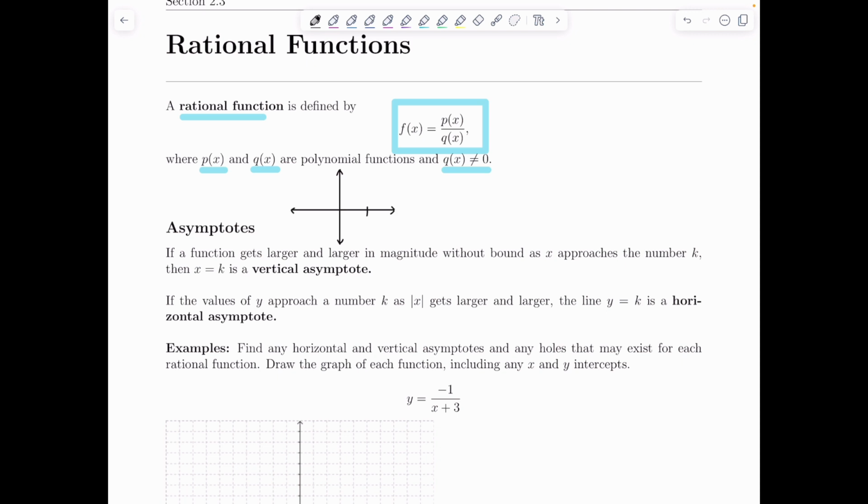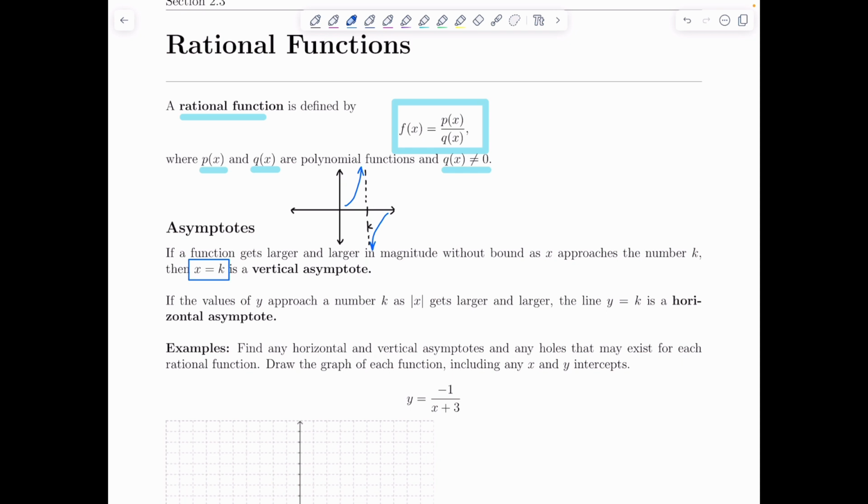Say k is right here. This is our vertical asymptote. I'm going to represent it with a dashed line. And if my function gets larger and larger as it approaches k, in this case it's going up to positive infinity, or maybe from the other side I'm going to draw it going down to negative infinity, then we say x equals k is a vertical asymptote.